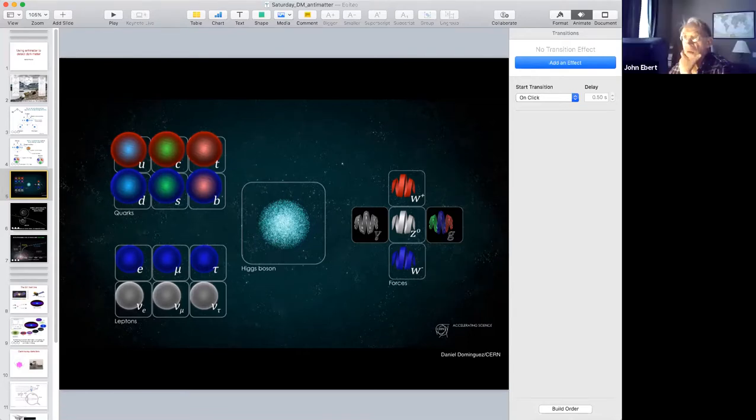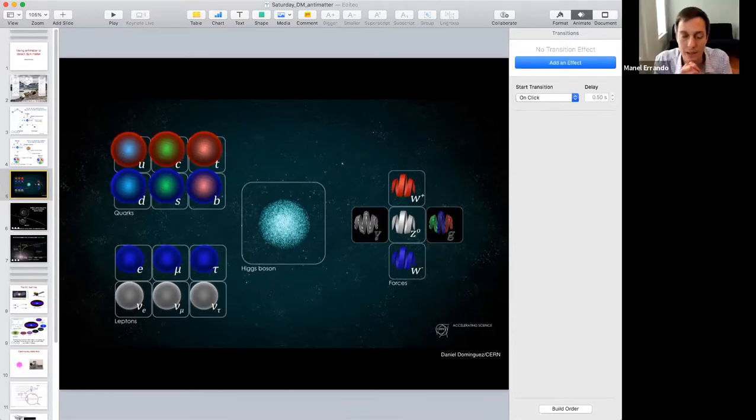I have one more. Yes, please. The Higgs boson is thought to give mass to normal matter. Is it the same sort of relationship to dark matter, that the Higgs boson is involved with dark matter in the same way it's involved with normal matter? I don't know.